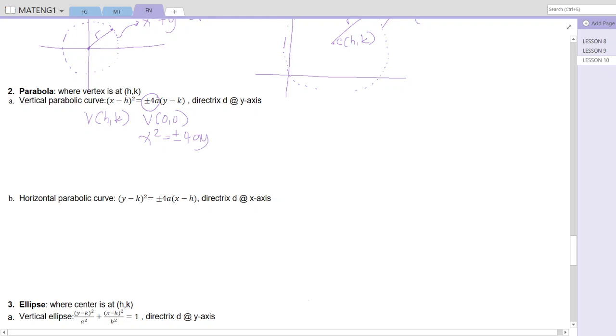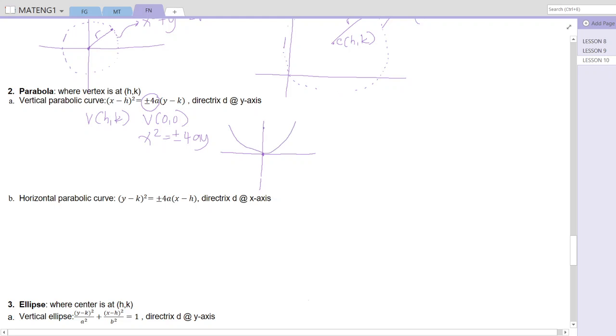So for that vertical parabolic curve, if we are going to draw it, let's say that is the rectangular coordinate system, and the vertex is at the origin. If the latus rectum is positive 4a, it opens upward.